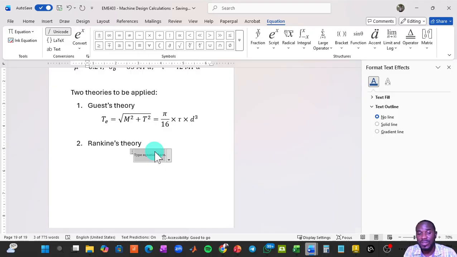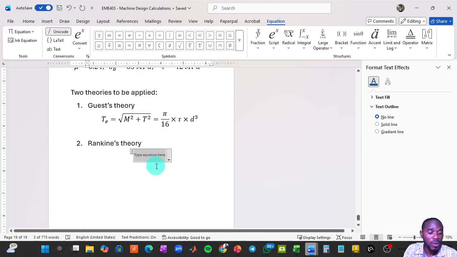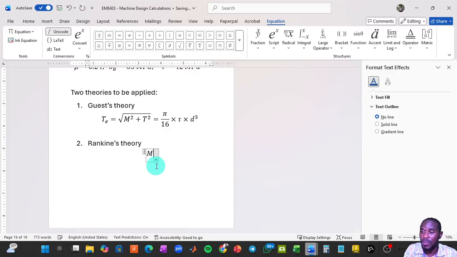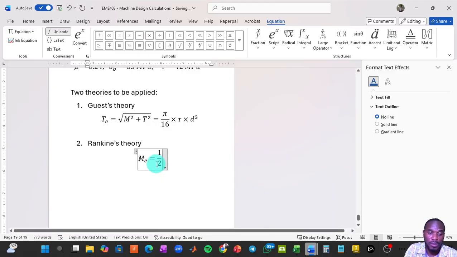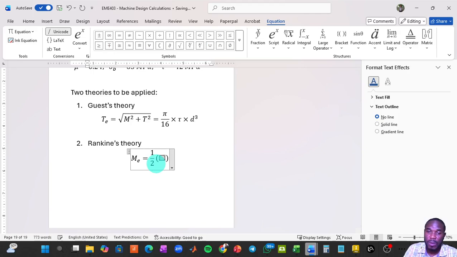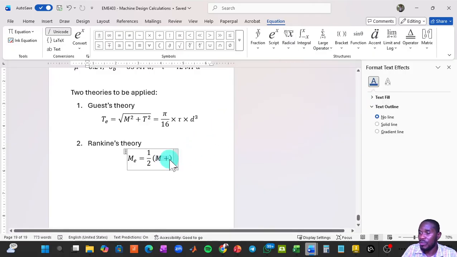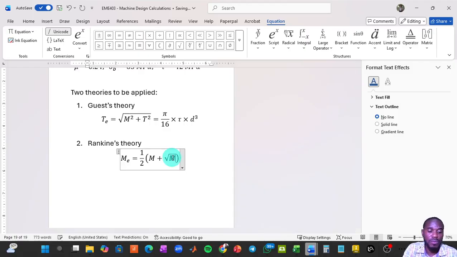As for Rankine's theory, the equivalent bending moment, M_E, is found by half of M plus the square root of M squared plus T squared.